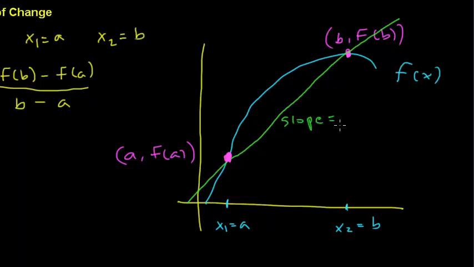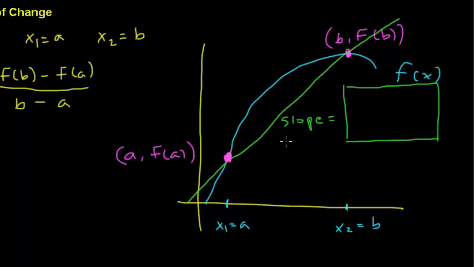So go ahead, find out on your own paper, determine what the formula for the slope of this green line should be, given the 2 coordinate points b, f of b, and a, f of a. You can hit pause on the video, work it out for yourself, try to remember, look it up if you need to, and then we'll come back and check your work. So go ahead and hit pause now.